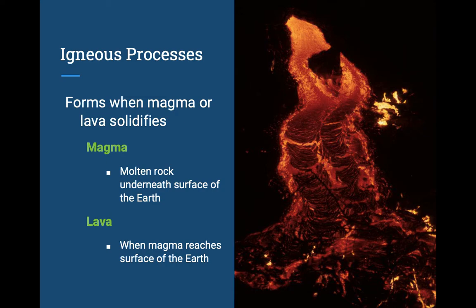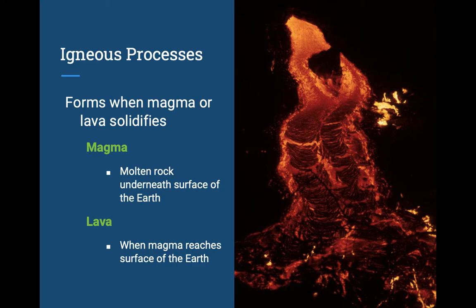Now, with this incredibly hot liquid stuff, we have two different types of molten rock. We have magma and we have lava. And honestly, there's no real difference chemically speaking between these things. It all has to do with where we find this molten rock. So magma is any molten rock that's underneath the surface of the earth.